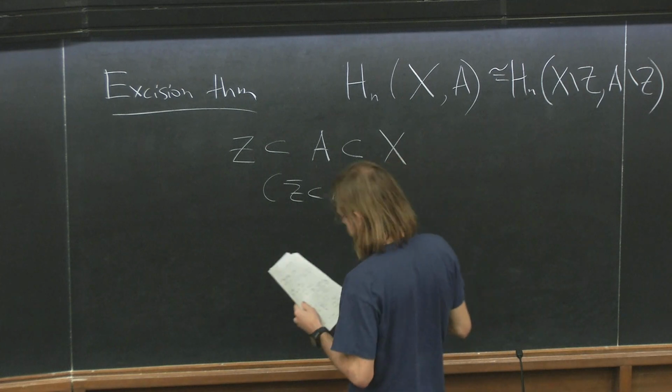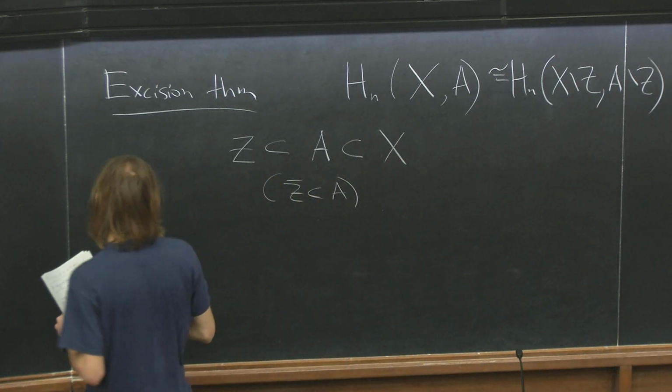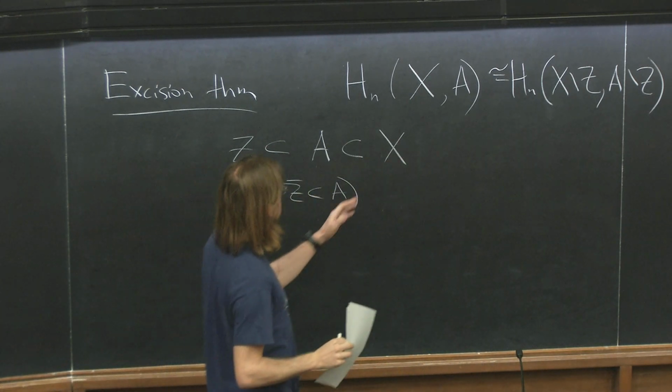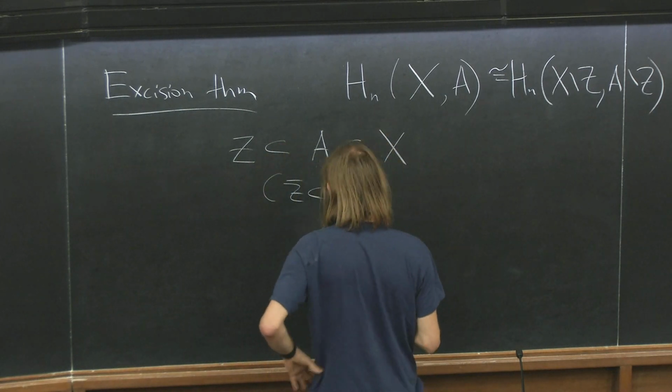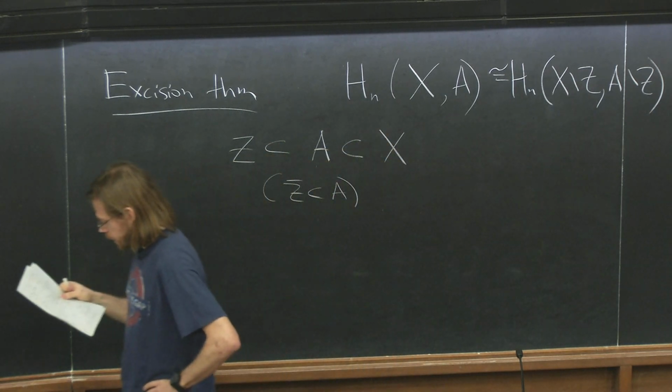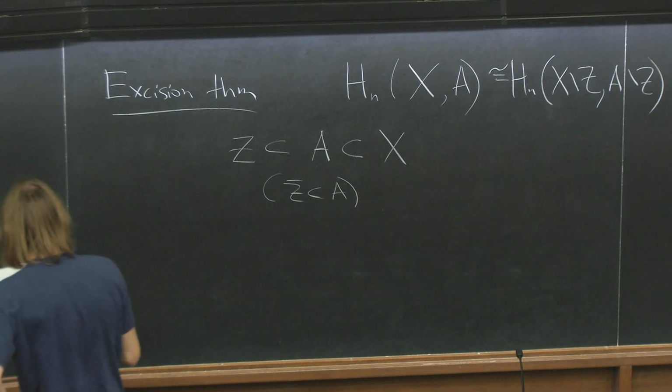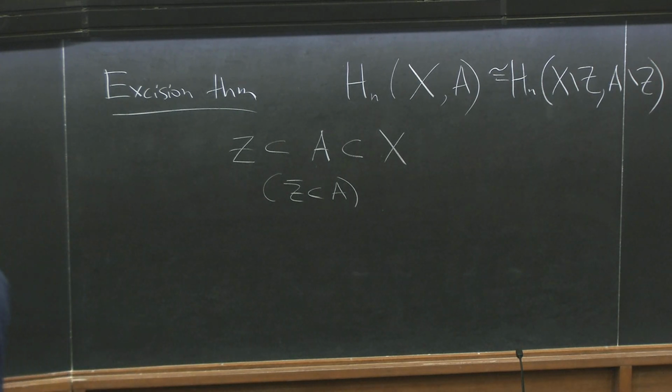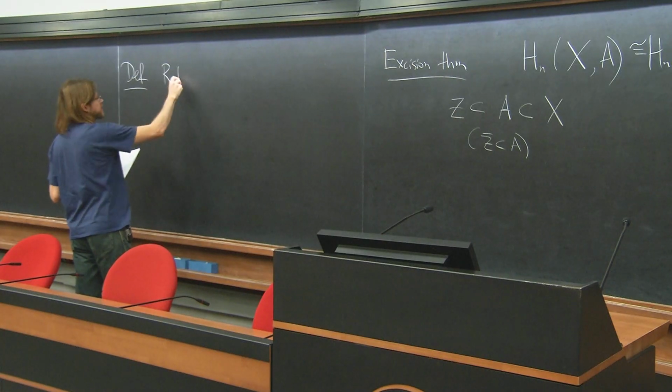As promised, we want to use this to obtain a relation between relative homology groups and homology groups of the quotient. But before we proceed, it's useful to introduce the following modified definition of the homology groups, which is also quite often used in the literature.